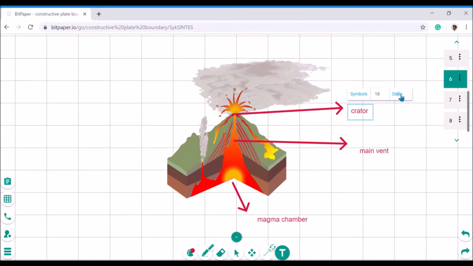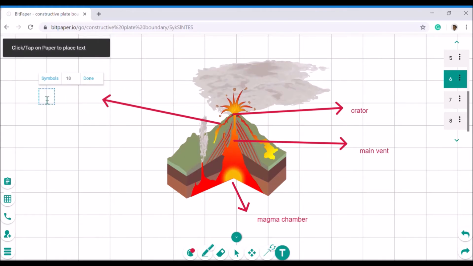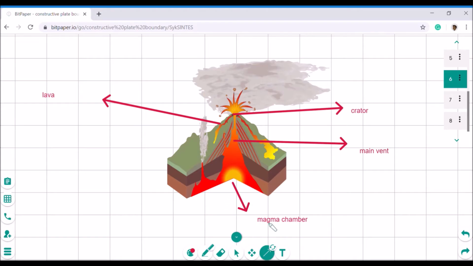Now, what's coming out of there is magma. But when it reaches the surface and begins to flow down the side of the mountain, which is pretty iconic of an active volcano, we will call this lava. So inside the volcano, magma, and outside the volcano, known as lava.